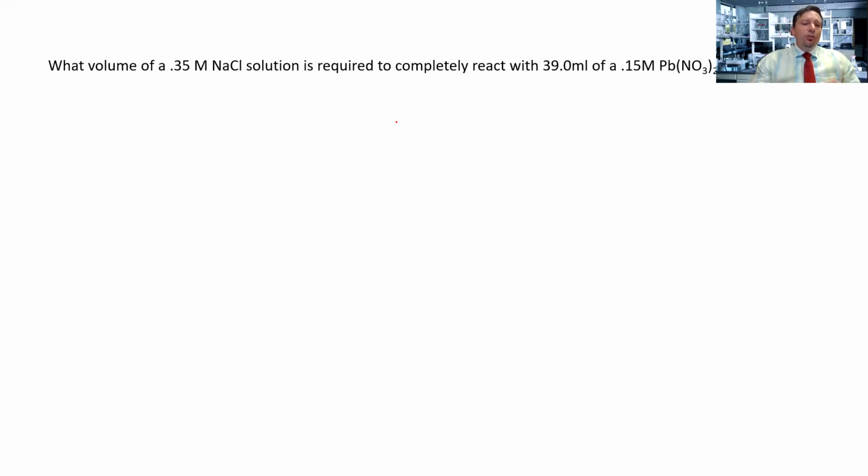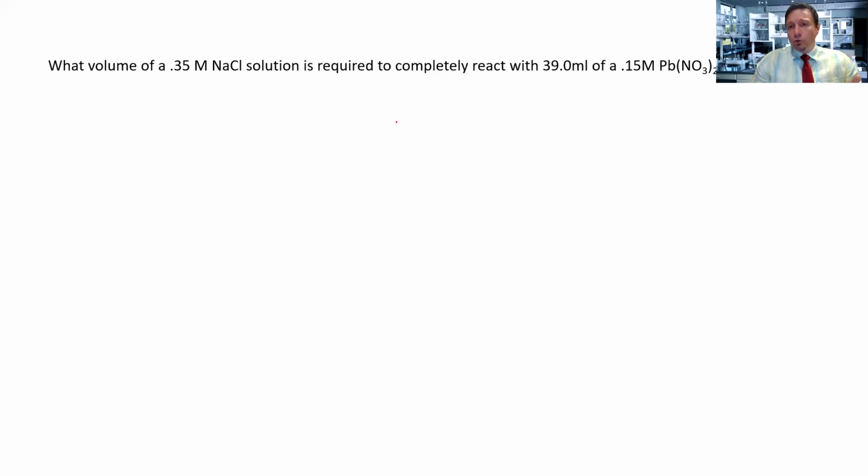So right away, hopefully you've already triggered that this is lead nitrate reacting with sodium chloride, which is going to produce lead chloride, which is insoluble. So it's going to precipitate. So that's why they want to know how much volume of the NaCl is needed to completely react with that.